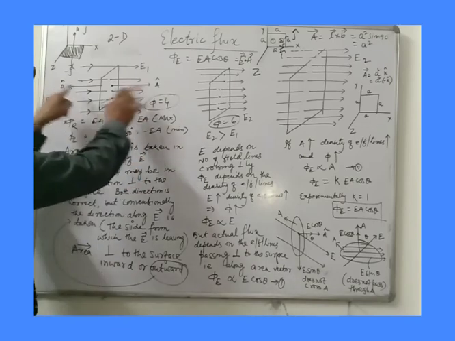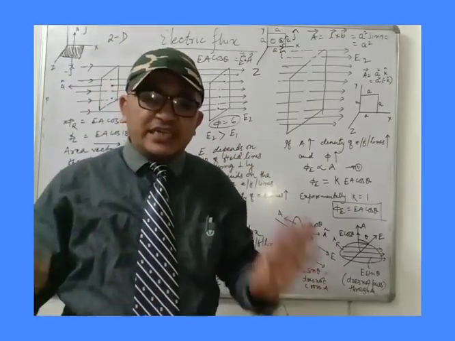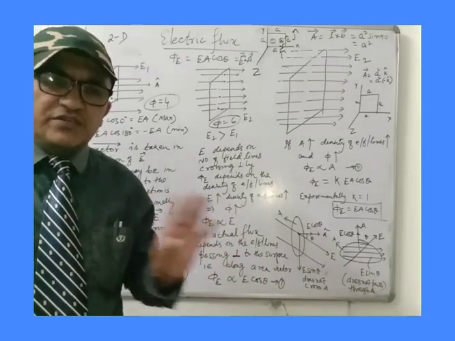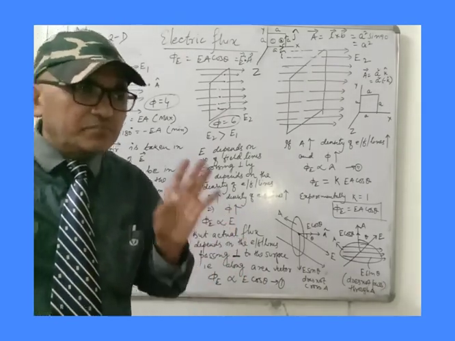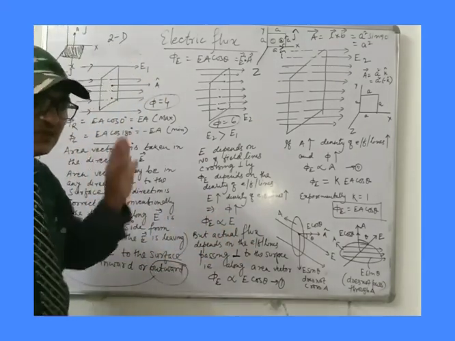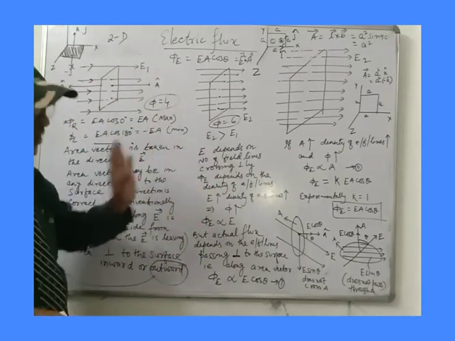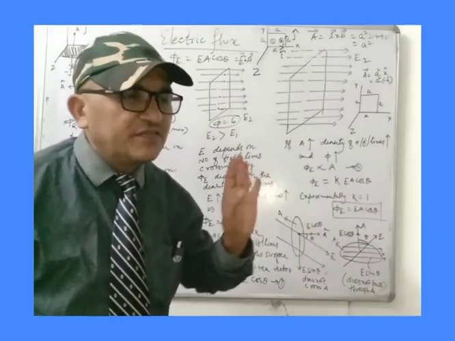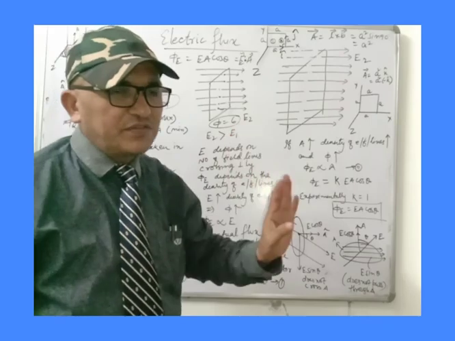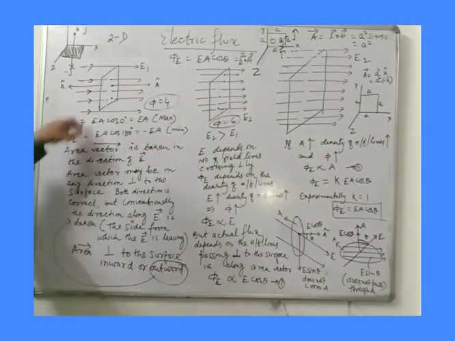So any one direction can be taken as the direction of the area vector, either out of the surface or into the surface. But when we find positive flux, then we have to take the area vector direction along the direction of the electric field which is leaving the surface and going away. Okay, so here I have mentioned both the aspects.